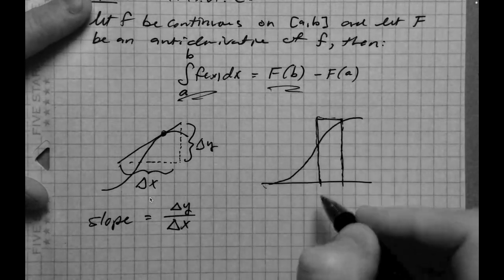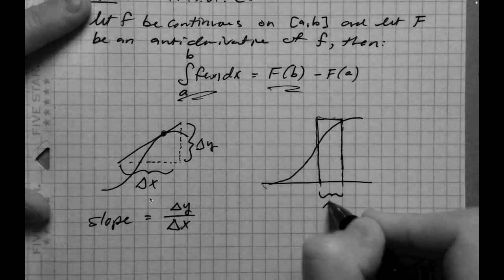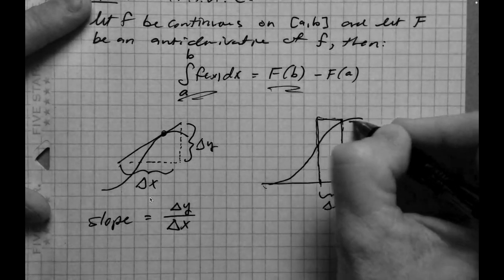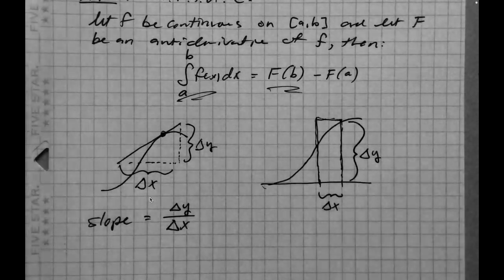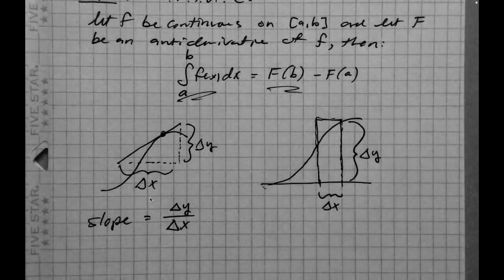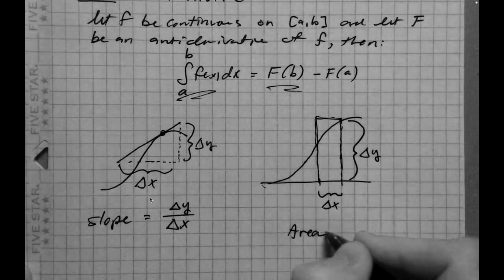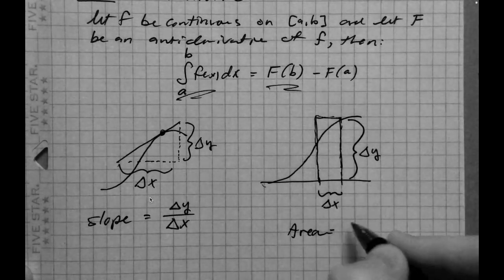And from that, we derive a width, which we denote as delta x, and we derive a height, which we denote as delta y. And then the area here is the product of the two.